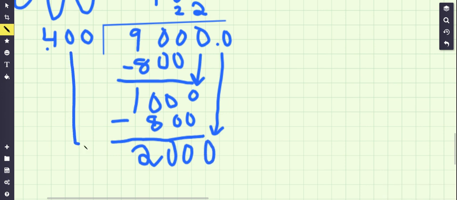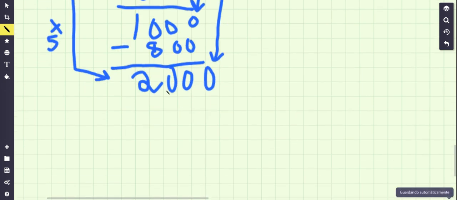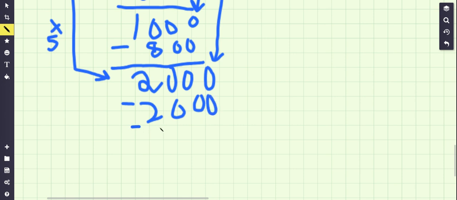400 can fit into 2,000 about 5 times. You put the point, you put the 0.5, and then 400 times 5 is 2,000, with 0 remaining.